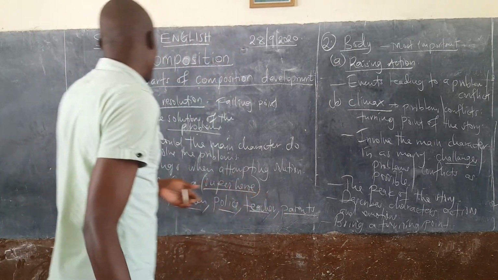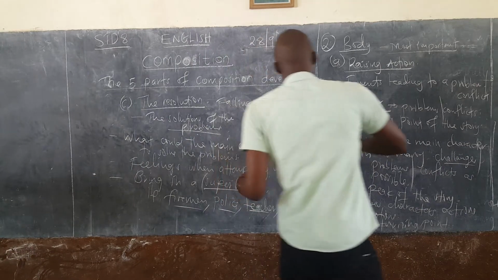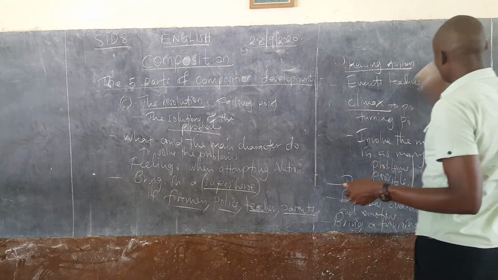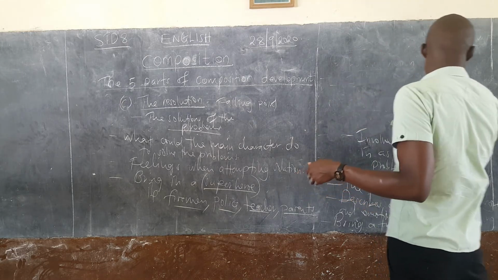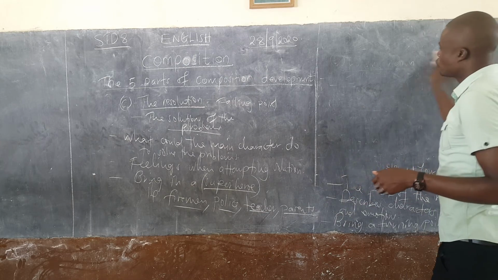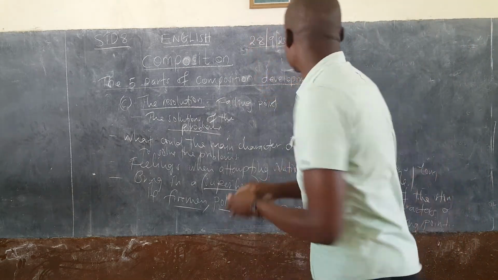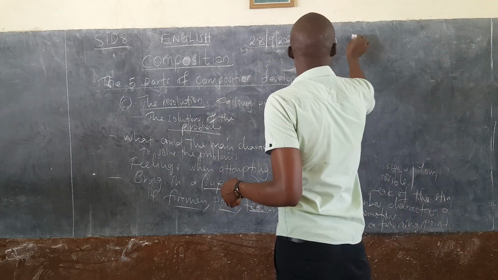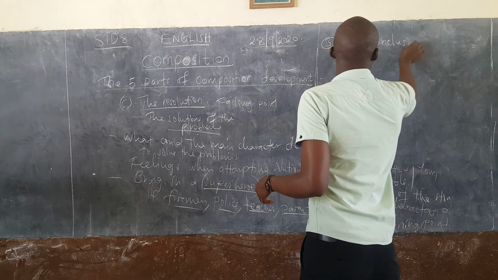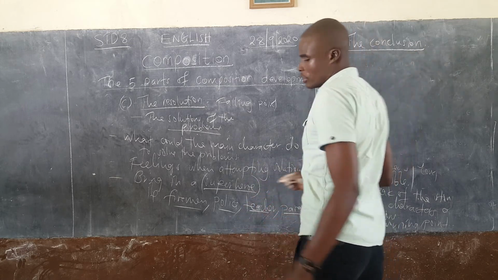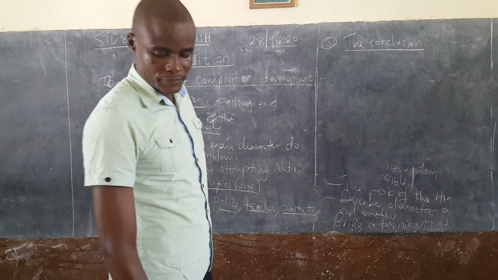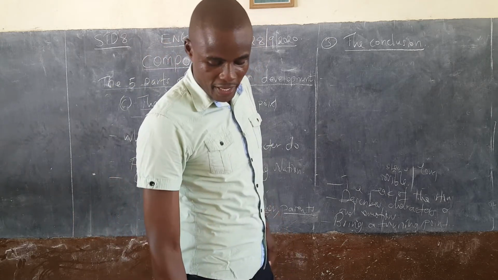And then our part 3, and that is the last part. Part 3 is going to be the conclusion of our composition. And in the conclusion, learner, this one is the most tricky part.